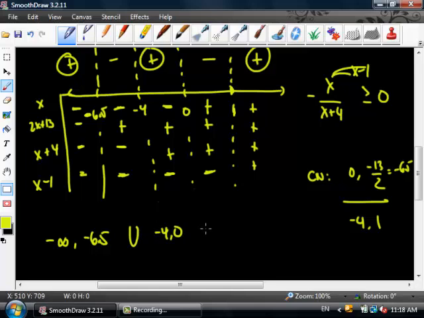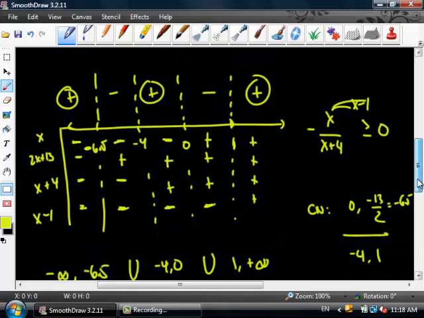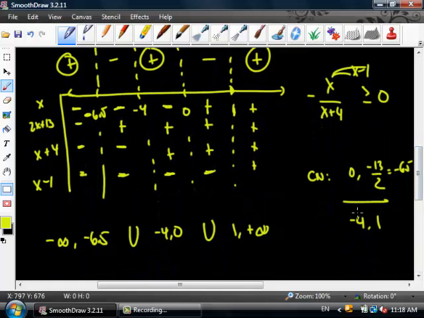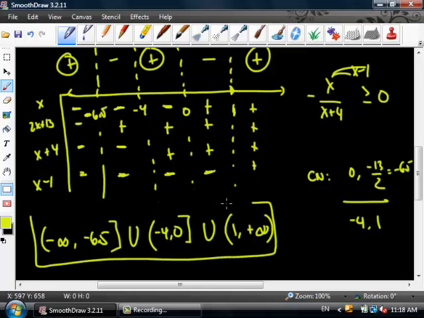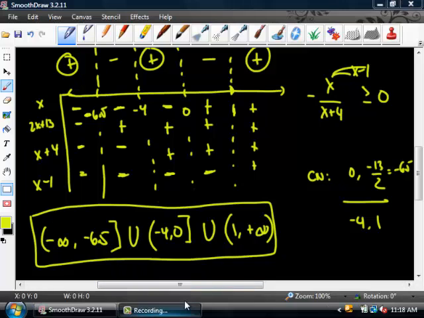Sounds good. Now we just got to figure out what kind of brackets we have because there is the chance of inclusion. We cannot include the infinities. We know that. We cannot include negative 4. We cannot include 1. And everything else gets a hard bracket. Okay. There you go.